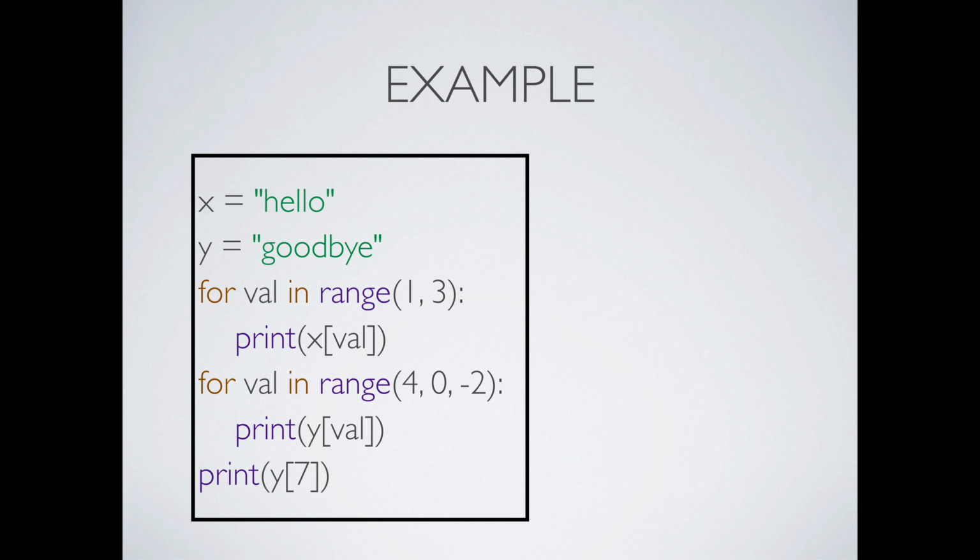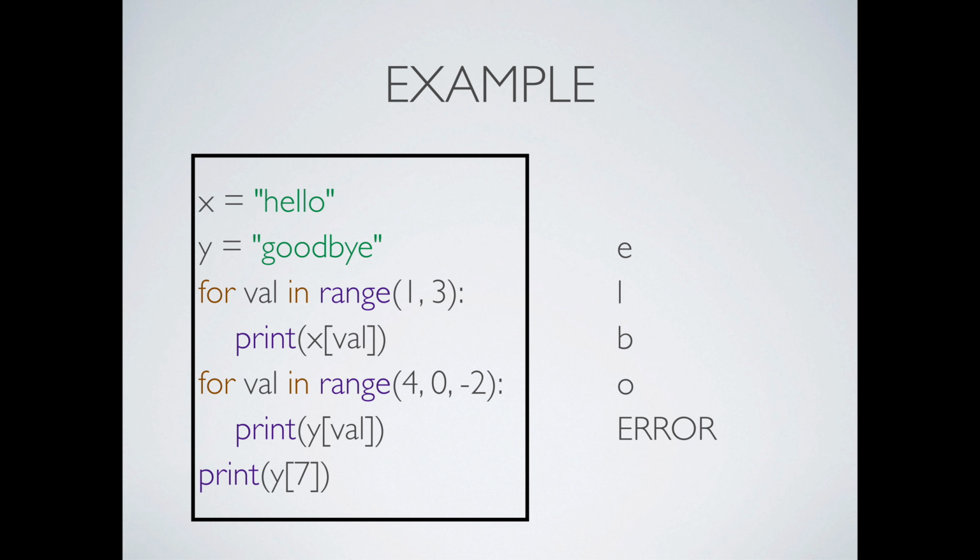Alright, so going through this, you should get these letters plus an error message at the end. So let's just talk about it quickly. If you do have questions though or want me to go more in depth about it, please do let me know. So let's talk about this first for loop that we hit, for val in range 1, 3.